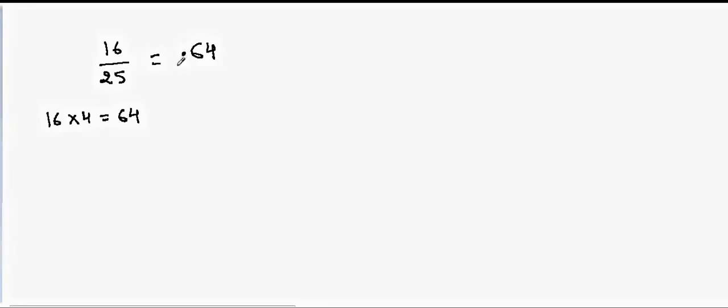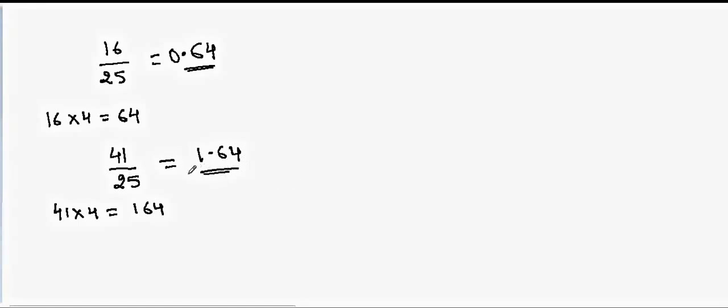So that will be 0.64. That's my answer. Again, if I have 41 and I want to divide by 25, in this case 41 into 4 is equal to 164. So the answer will be 1.64.